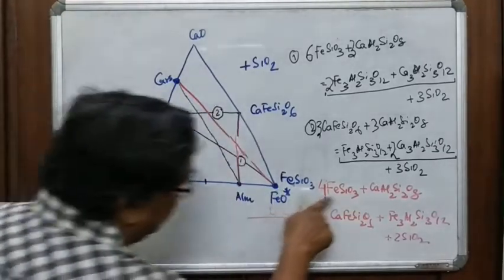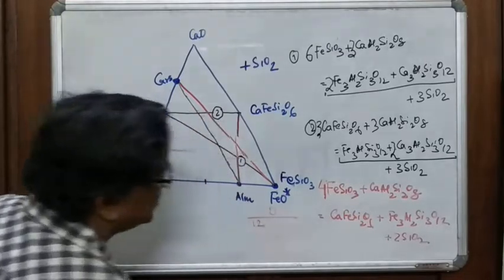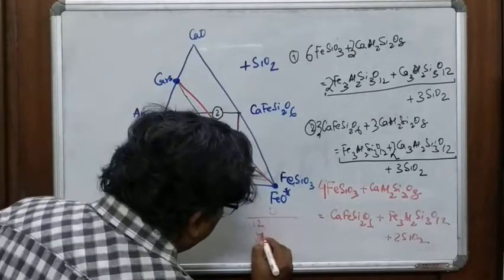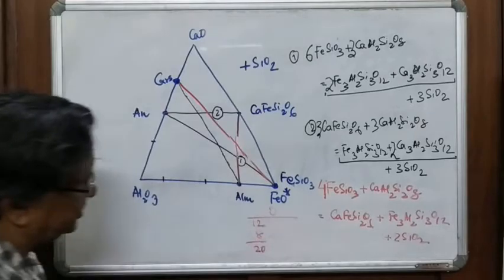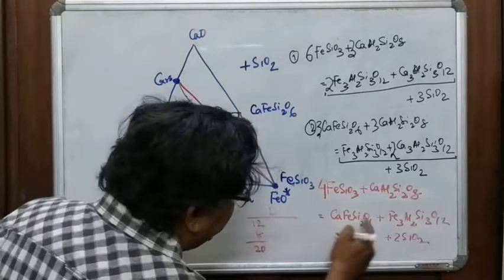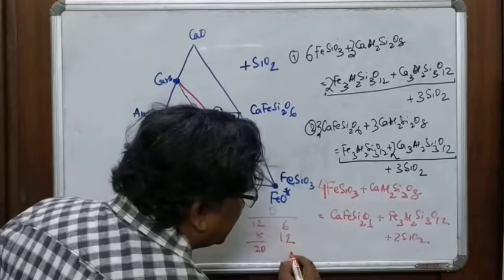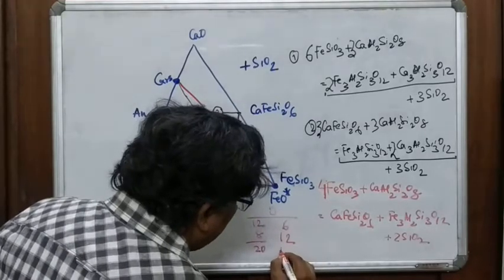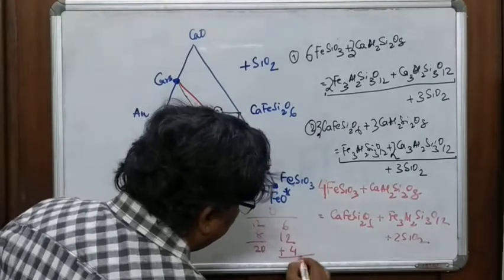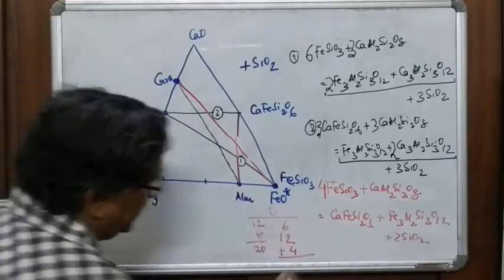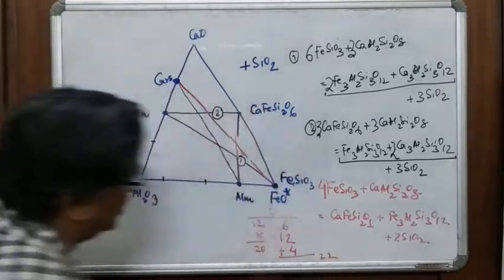So here we have 4 into 3, 12 oxygen. Here it's 8 oxygen, so the total is 20 oxygen. And here you have CaFeSi2O6, 6 oxygen, plus 12 oxygen, plus 4 oxygen. No, what's this? 22 oxygen. Where am I going wrong?